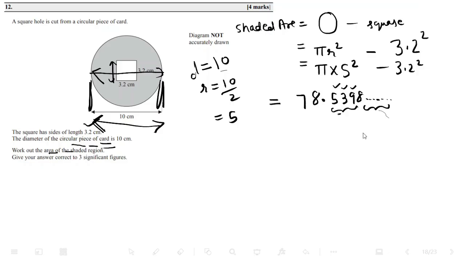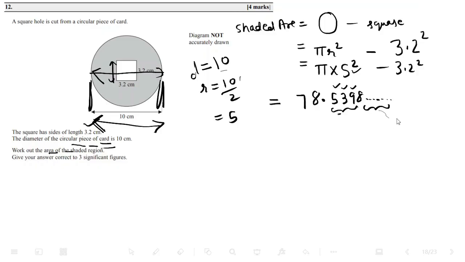Shaded area equals pi multiplied by 5 to the power 2 minus 3.2 to the power 2.